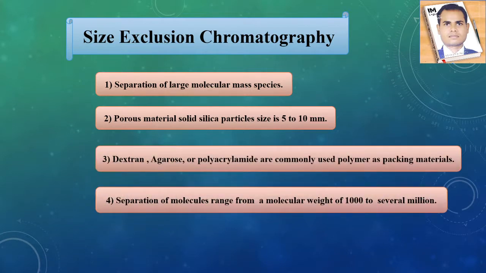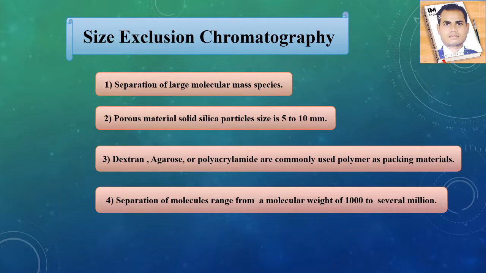The next is dextran, agarose, or polyacrylamide, which are commonly used polymers as packing material. So in this system we can use these kinds of materials as packing material. The next is the separation range of molecular weight.